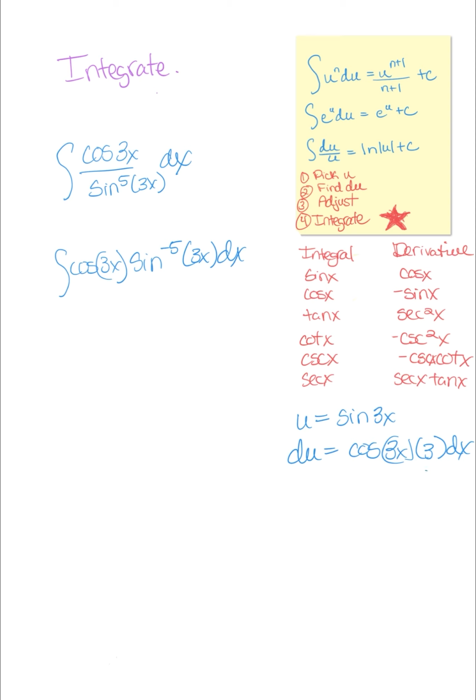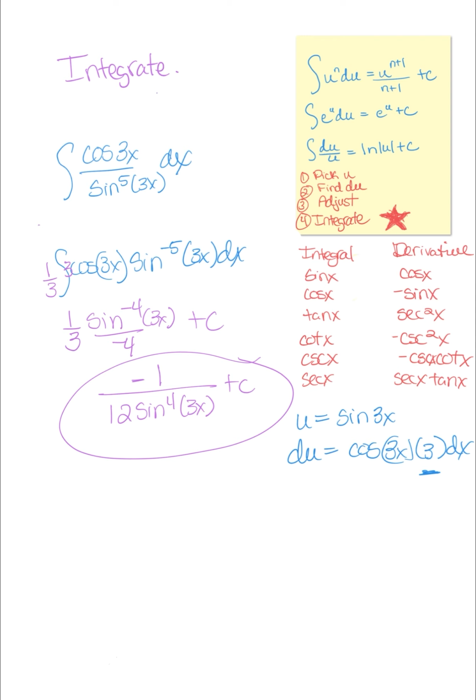And so all I need for my perfect du is that 3. So we'll multiply. This will be a 1/3 and a 3. So that means I'm going to bring that 1/3 along to multiply. And now we're going to integrate the power. Okay, so this is going to give us, actually be negative, 1 over 12 sine to the 4th 3x plus c.